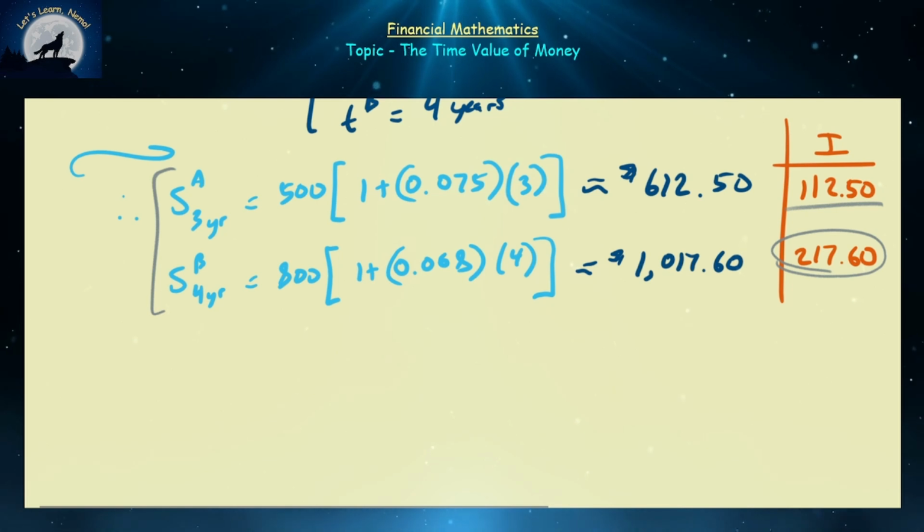So if you argue that, okay, we get more money from that particular account B, then maybe we should invest in B. But keep in mind, we have to wait longer for that, right?